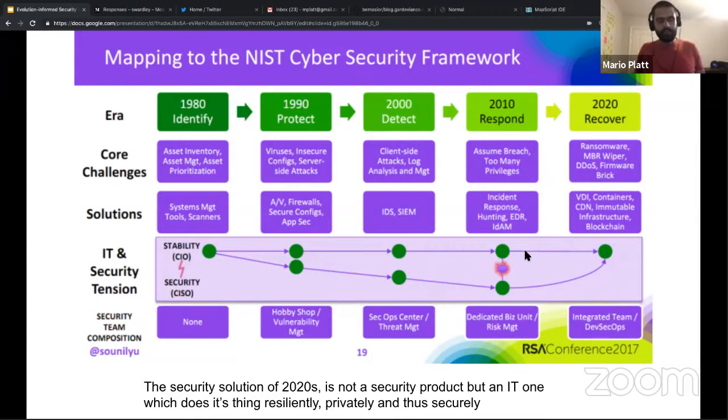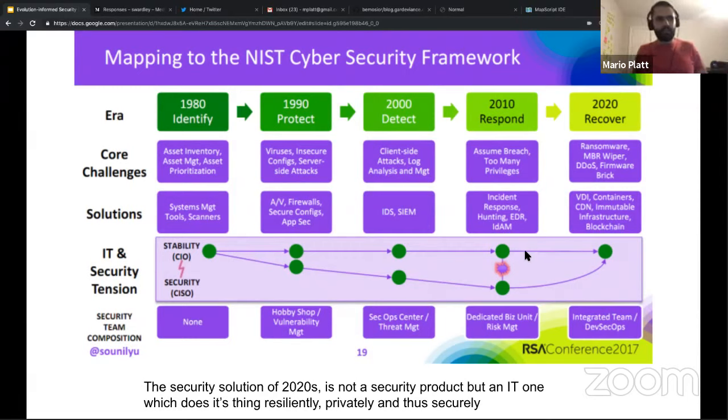And what Sounil Yu is saying is that in the 2020s, this is all going to merge again, because engineering practices are now focusing on resilience, and the big organizations like the Netflix, the Facebooks, etc., everyone's starting to understand that when you build for resilience, you get pretty secure systems.